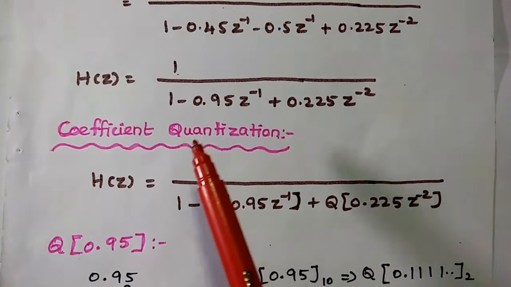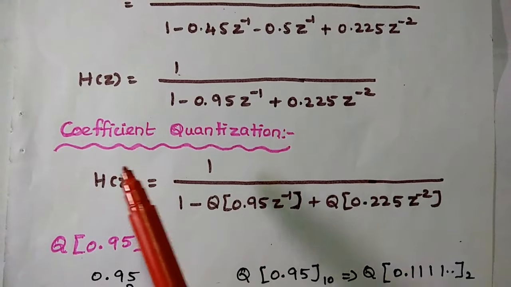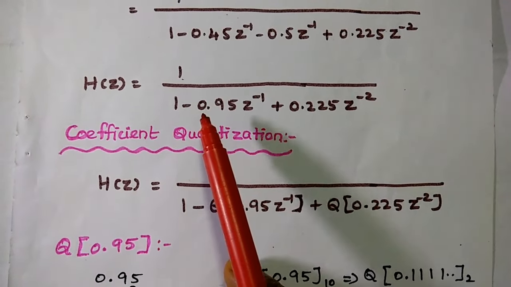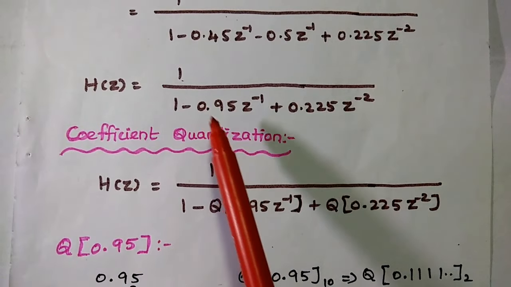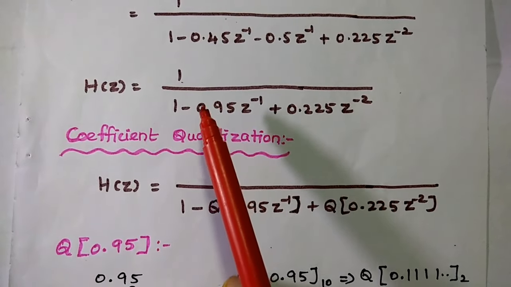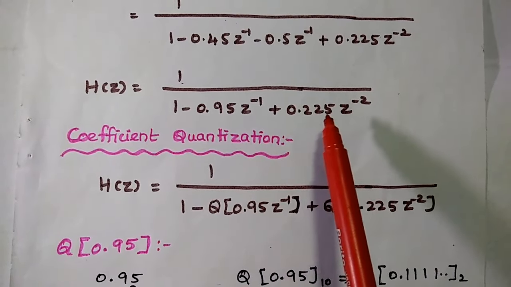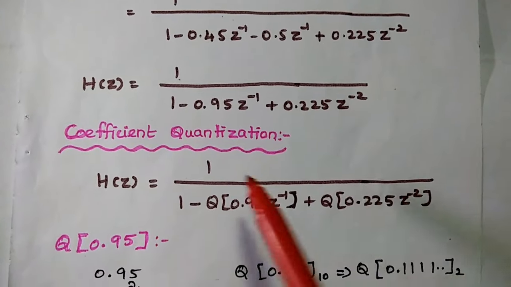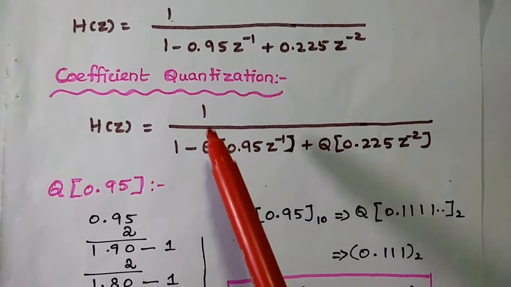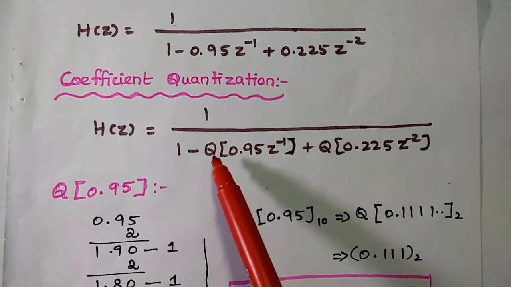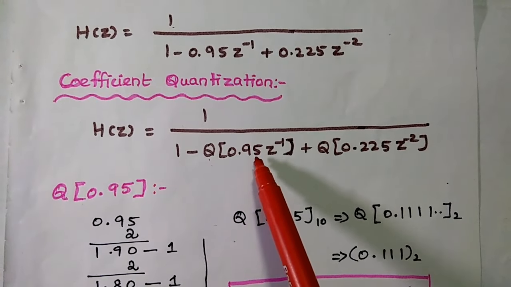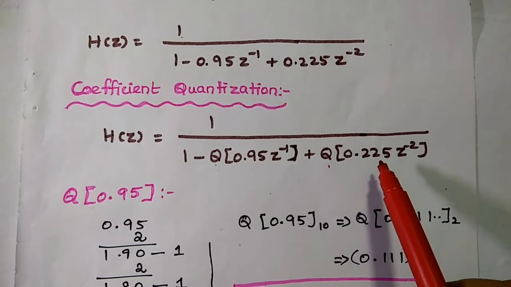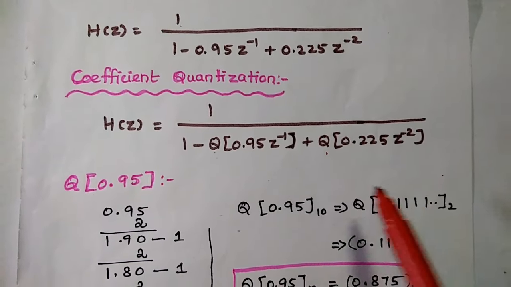Next we are going to apply coefficient quantization to this transfer function. Here 0.95 is the coefficient for the first delay, and 0.225 is the coefficient for the second delay z^-2. So this can be written as H(z) = 1 / (1 - Q(0.95) z^-1 + Q(0.225) z^-2).